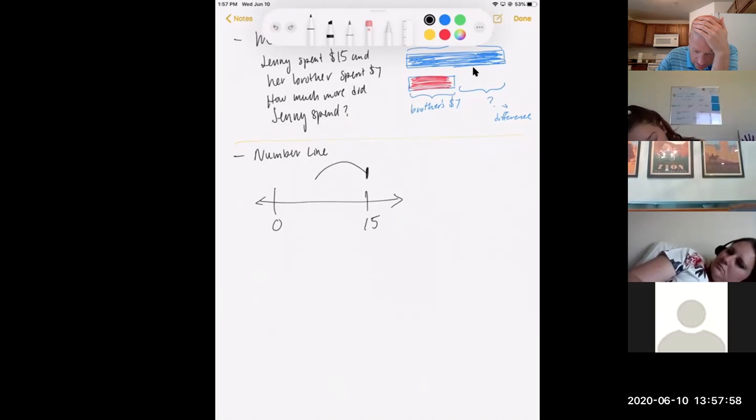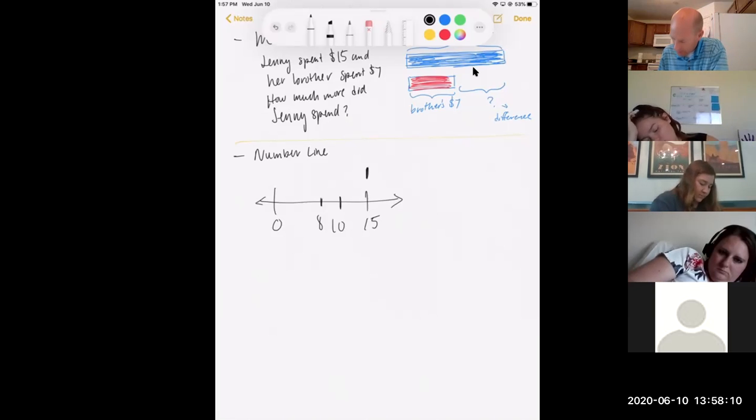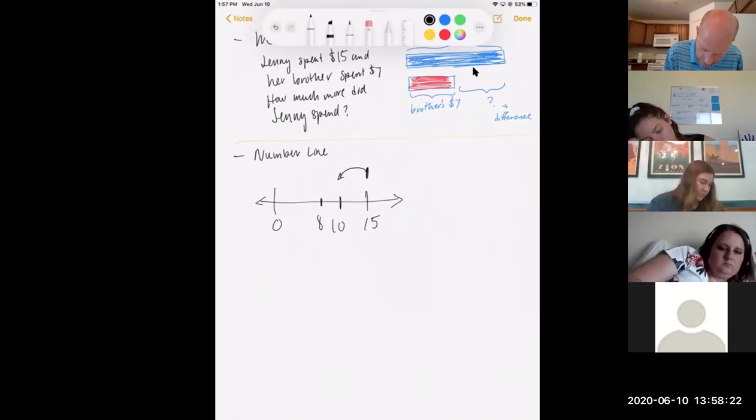Well, it's easy to start at 15, go back to 10, and then you'll go back 2 more, whatever number you end up with there. So when you go from 15 to 10, you subtract 5. Let me do this one in blue.